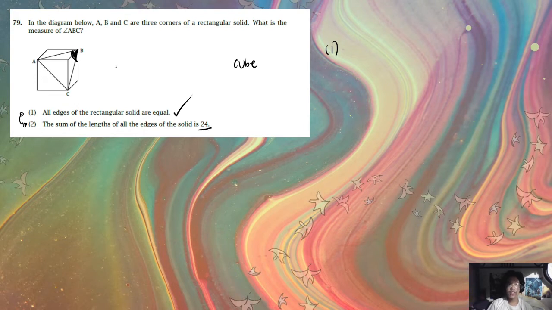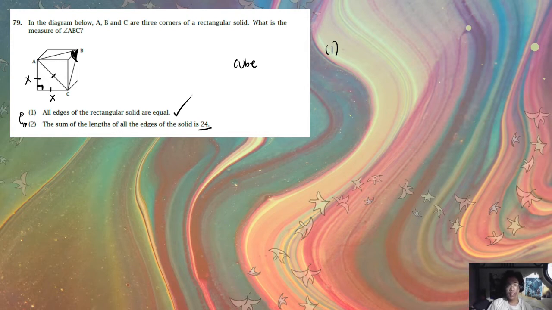If this rectangular solid is a cube, we can denote this side measurement here as x, and this as x. Since this is a cube, it should have a right angle over here since it has a square face.